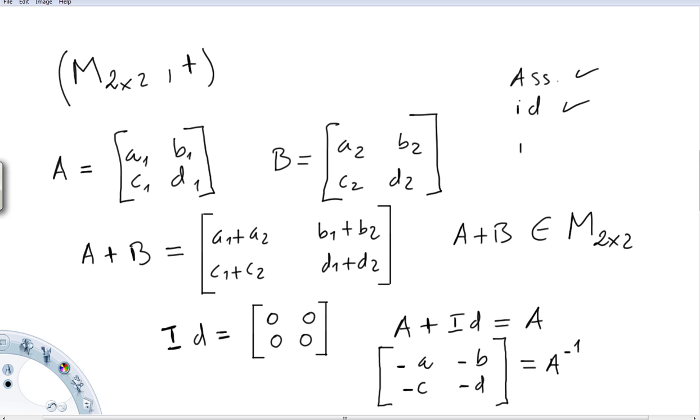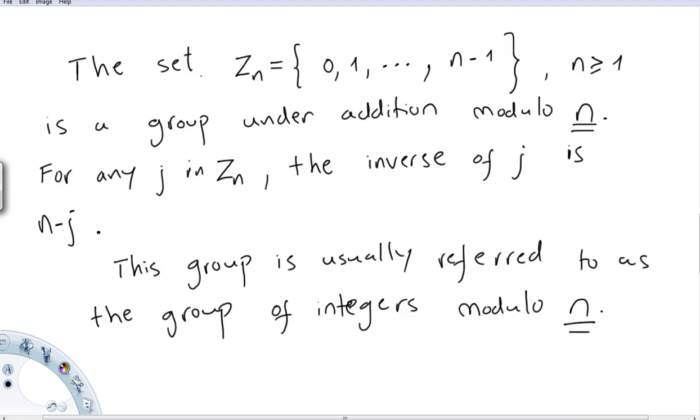So there is an inverse matrix. So 2 by 2 matrices under addition are a group. I just want to leave this note here. I'm not going to explain this. I'll get back to this.